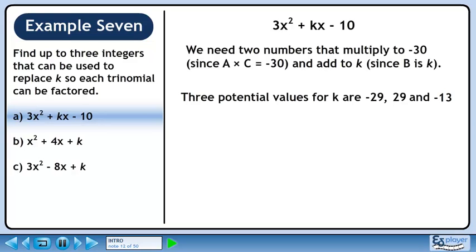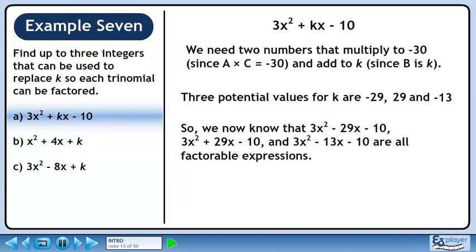We could have kept going to find even more k values, but the question specifies that we just need up to 3. So we now know that 3x squared minus 29x minus 10, 3x squared plus 29x minus 10, and 3x squared minus 13x minus 10 are all factorable expressions.